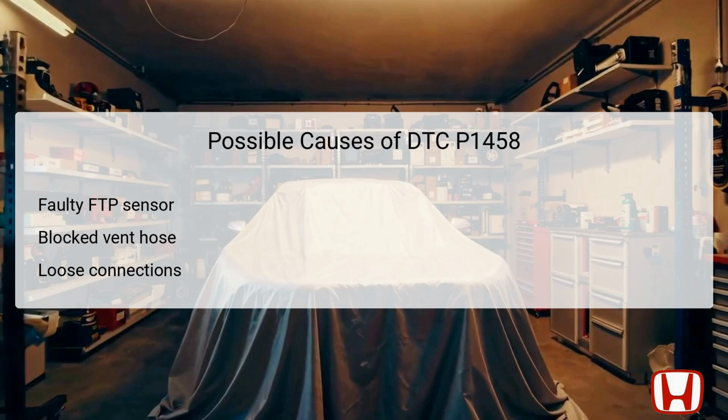It's important to systematically check these potential issues, as they can each prevent the FTP sensor from accurately reporting the fuel tank's pressure, ultimately triggering the DTC. Addressing these underlying issues is critical to resolving the fault indicated by DTC P1458 and ensuring optimal vehicle performance.